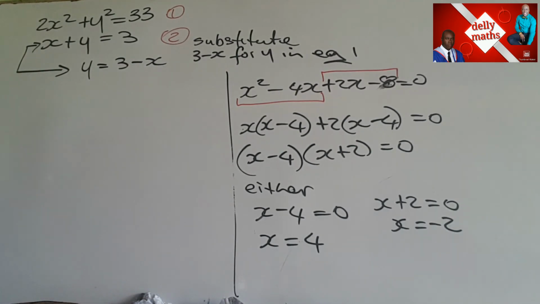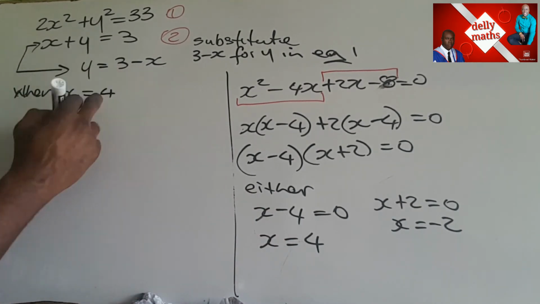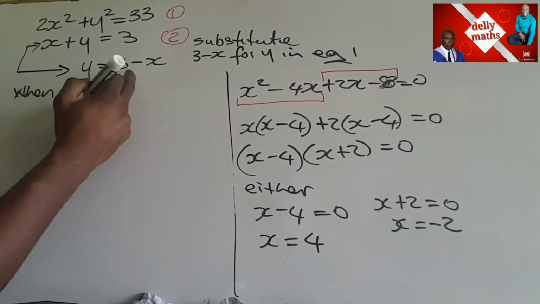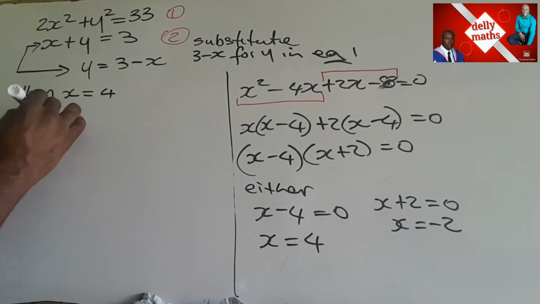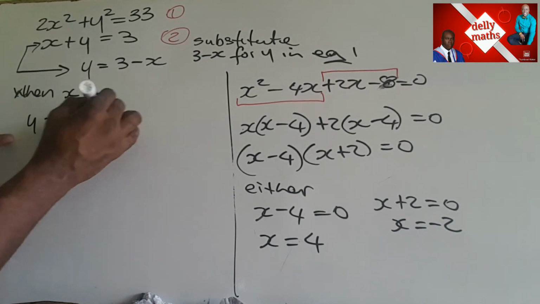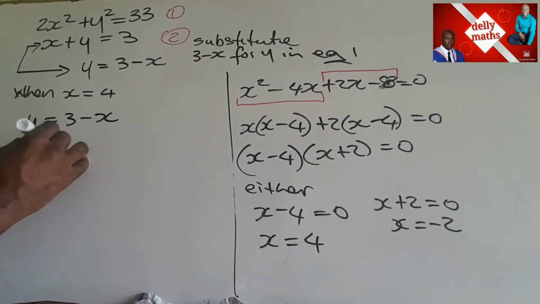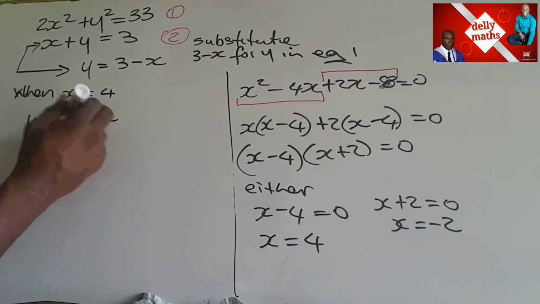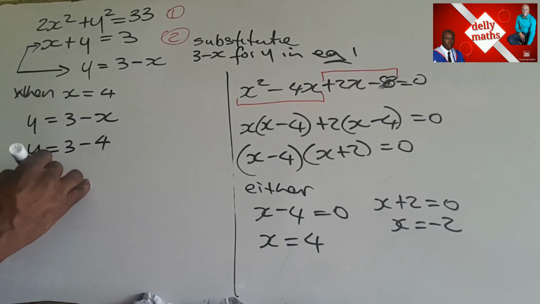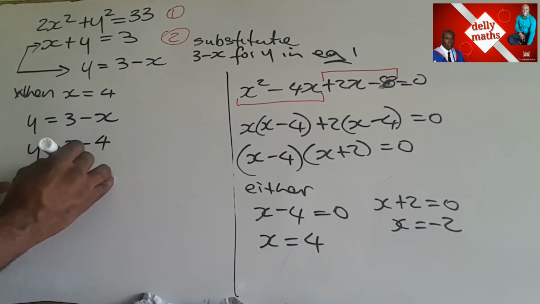What do I mean? We're going to investigate when x is equal to 4. When x is equal to 4, we're going to be using equation 1 again, because y is equal to 3 minus x. I want to know what y is when x is equal to 4. I put the 4 there. y is equal to negative 1.